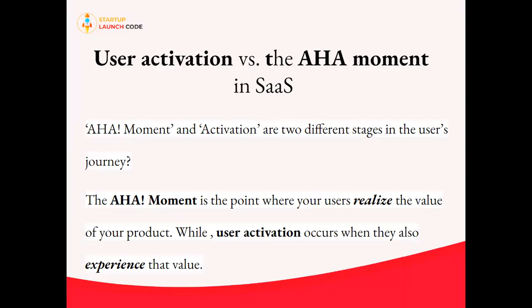So user activation comes with experiencing the value, while the aha moment is just knowing that, oh, this product has this value for me. The only time I've been activated is when I experience the value that comes with that particular product. So your user can download your app, but if they've not experienced the value that comes with your product, then you can't say that user has been activated.